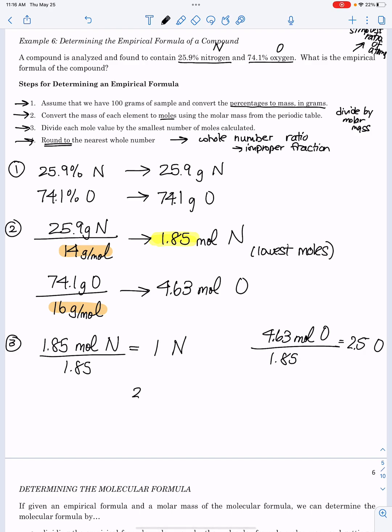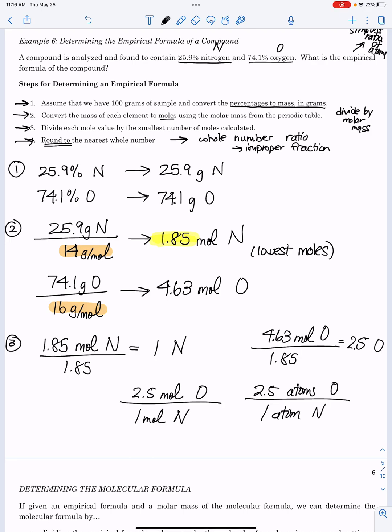So I have 2.5 moles of O for every 1 mole of N, or 2.5 atoms of O for every 1 atom of N. Now, 2.5 is not a whole number. I need whole numbers. How can I turn 2.5 over 1 into an improper fraction, or a ratio that gives me whole numbers?